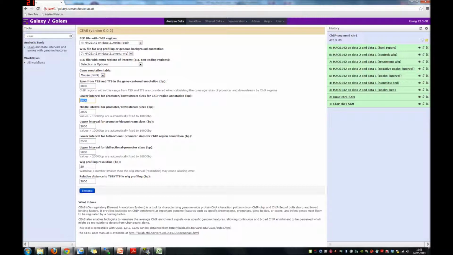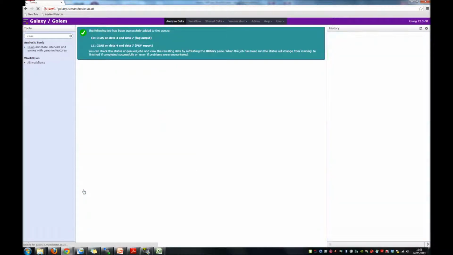So this is just me, but I tend to use 500, 1000 and 10,000 as the limits of the different portions of the promoter. Okay, so that's all the parameters we need for that, and then we can press execute to start the process running.